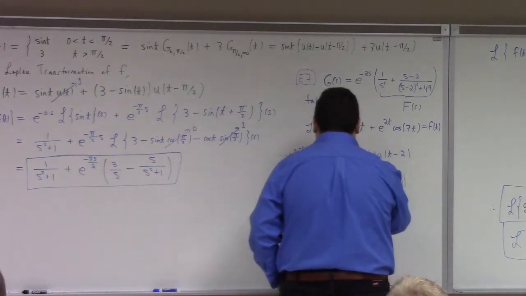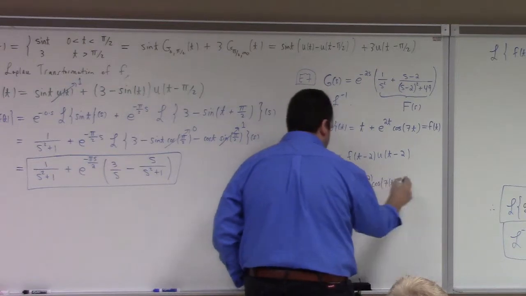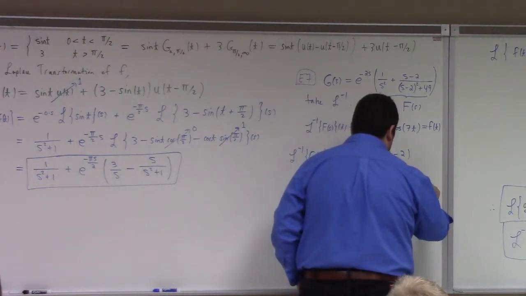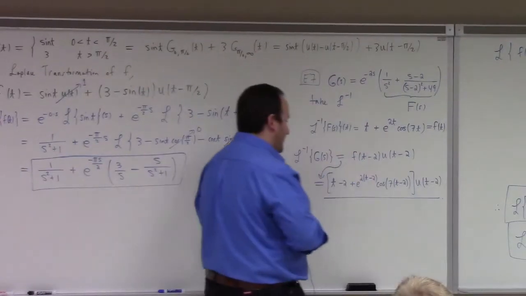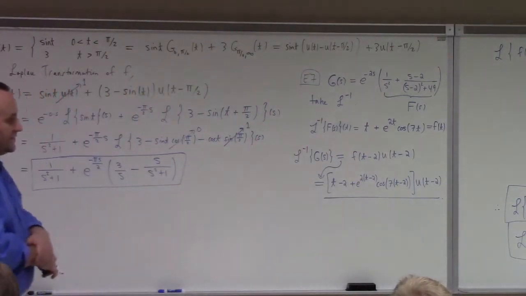You might notice I'm emphasizing the word parentheses because that's something that needs to be happening here. Anyway, so there you go. That is the inverse Laplace transform of that function.